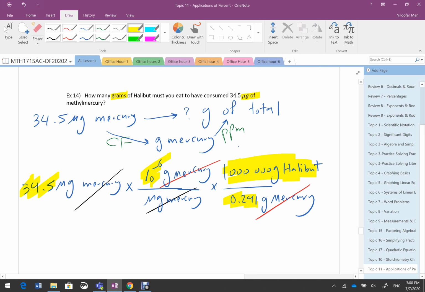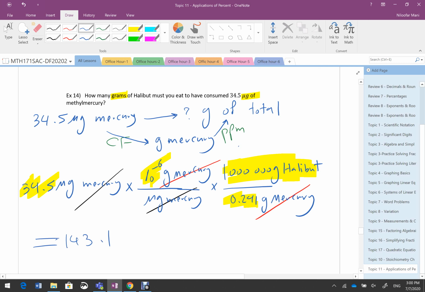Okay, so the answer is 34.5. That number and that number cancel each other. Divided by 0.241, which is 143.1.